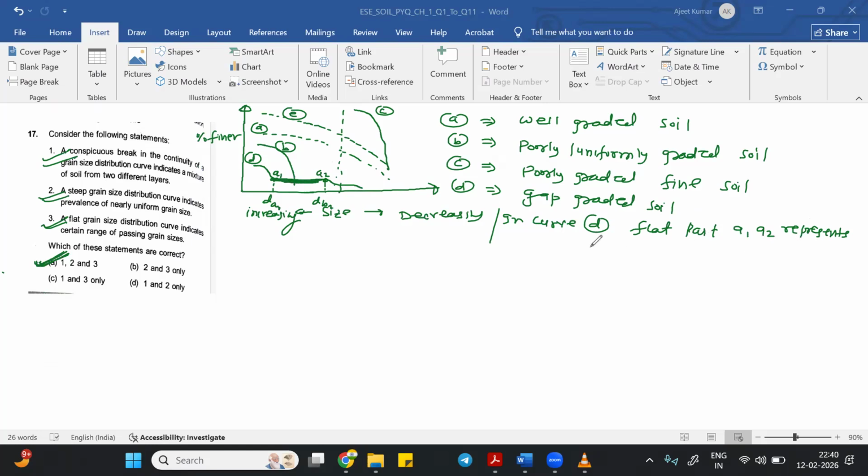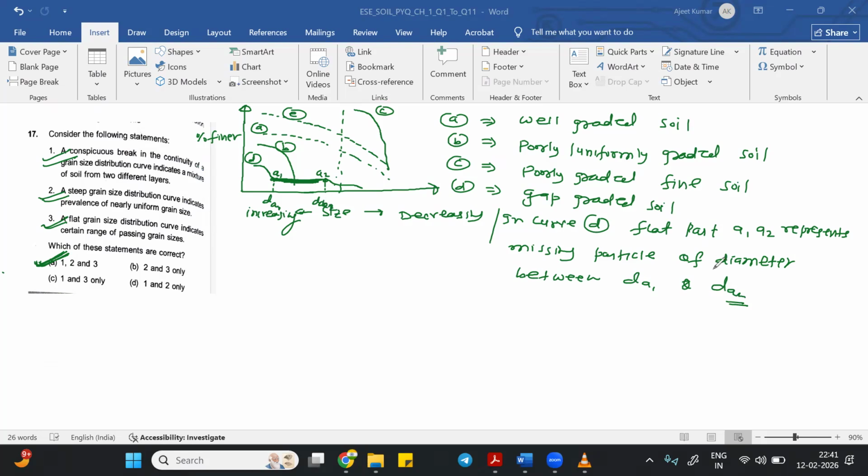Flat part A1 A2 represents missing particles of diameter between dA1 and dA2.